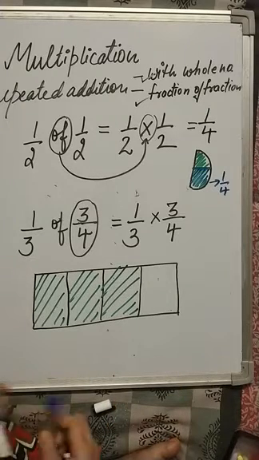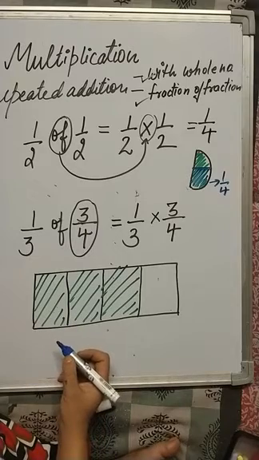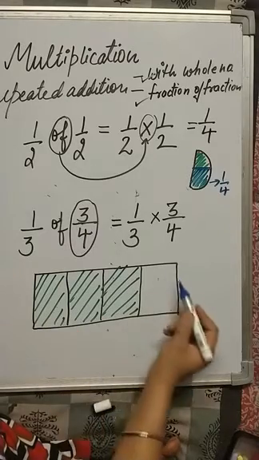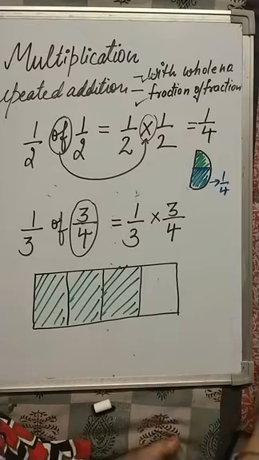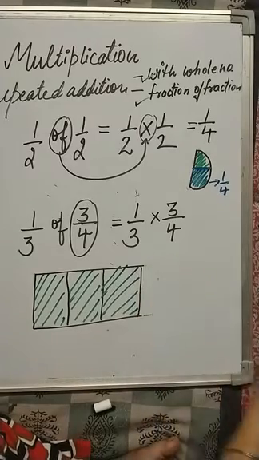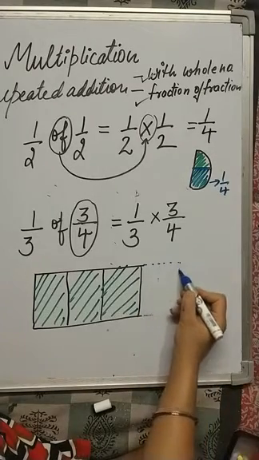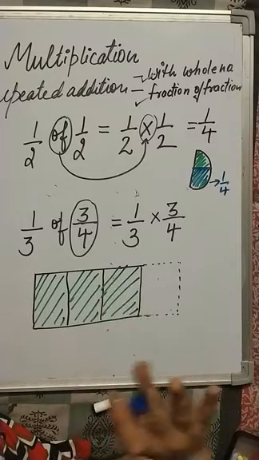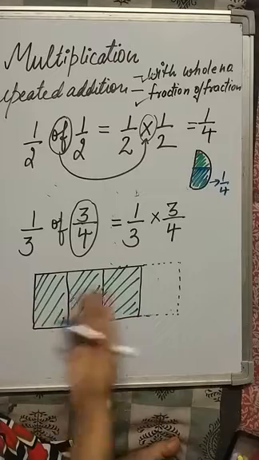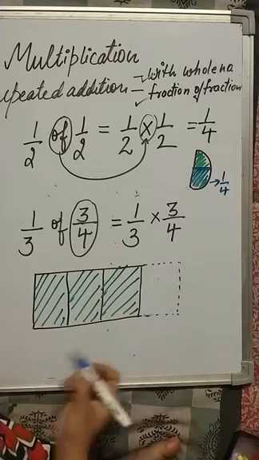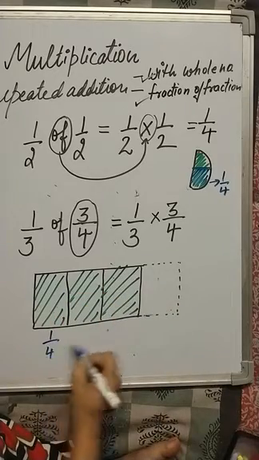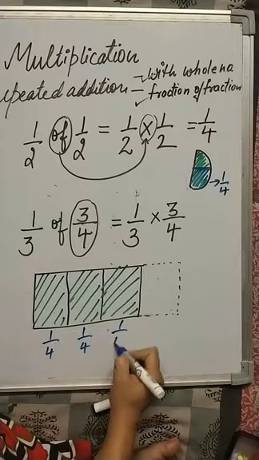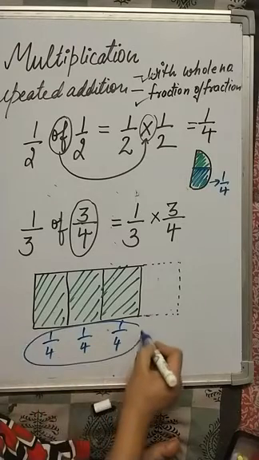If we do 1/3 of 3/4, we have 3/4, we have to make 3 equal parts. This part I don't have, so I'll draw it with a dotted line, assuming that this is the fourth piece size. You have to make 3 equal parts of this. There are already 3 parts. This is 1/4, this is 1/4, this is 1/4, and this together is called 3/4.